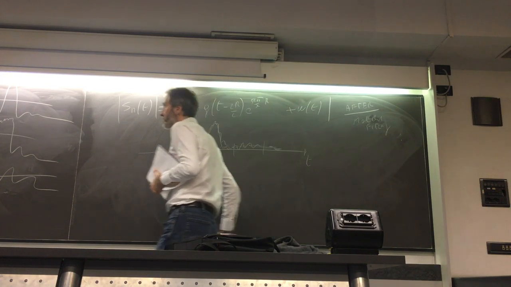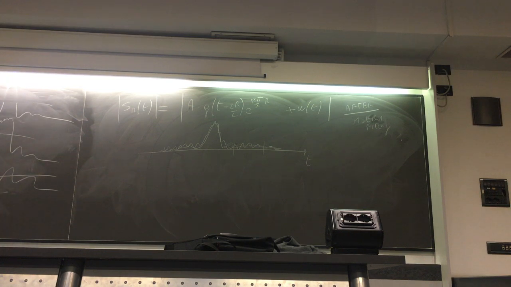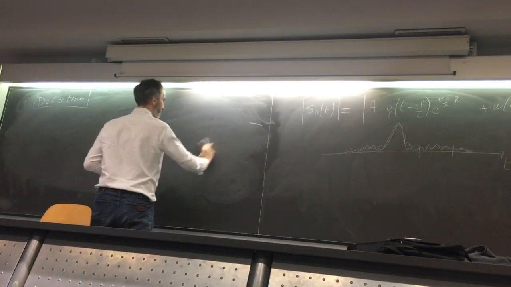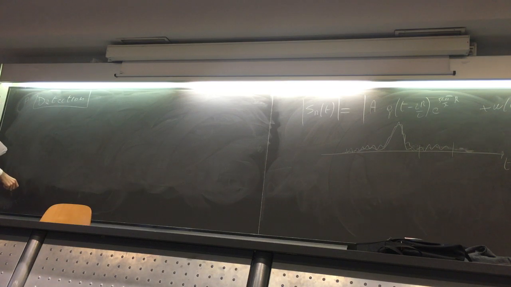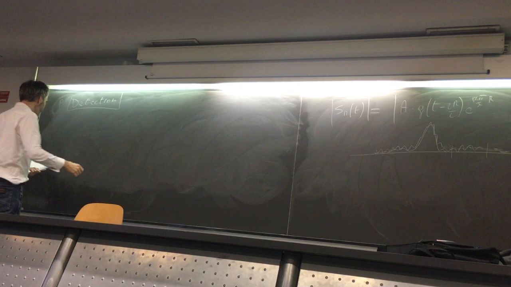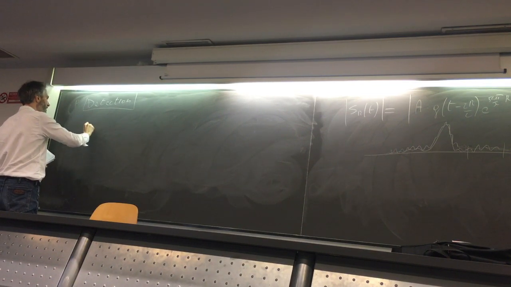If you want to study the probability of false alarm, then you have to study a random variable, which is the absolute value of noise.